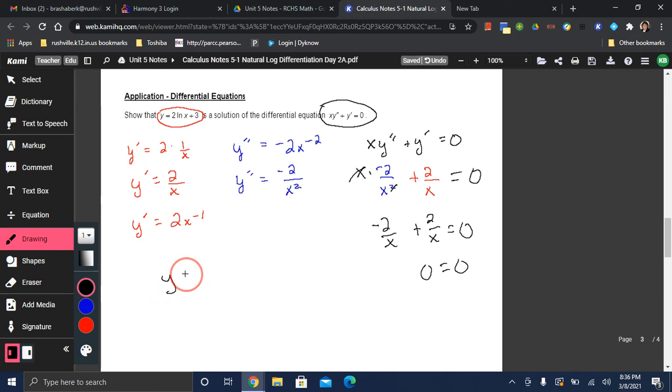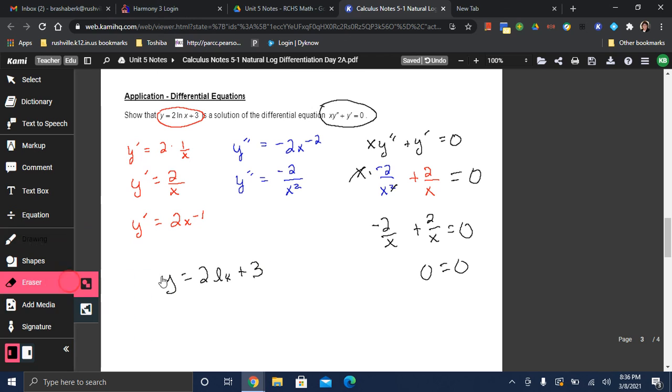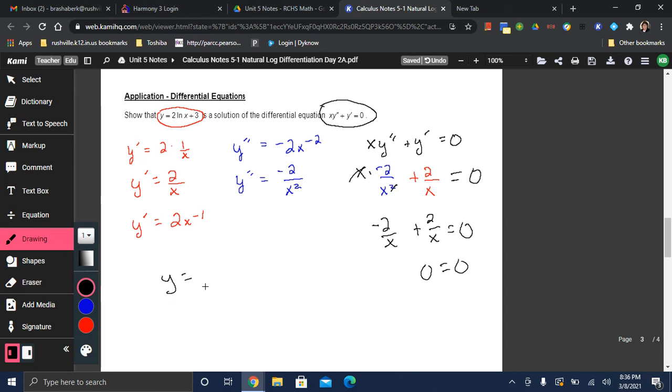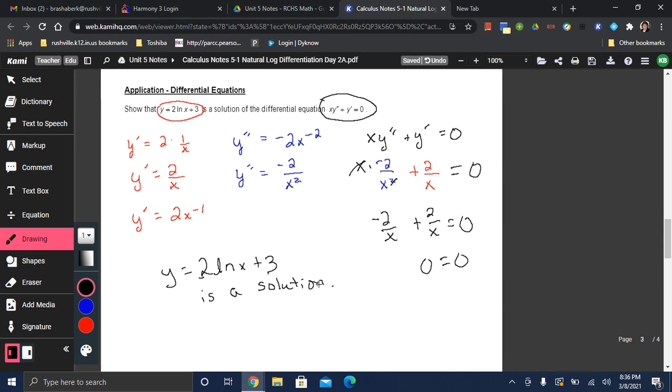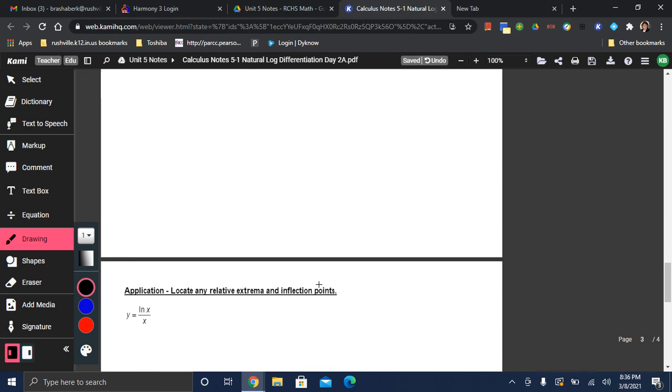So y equals 2 natural log of x is a solution. Okay, and that's what you'll be asked to do if you have to show that something is a solution of a differential equation.